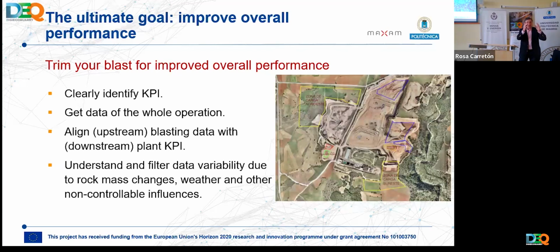and you, as a miner, as a quarry owner, you want to have an optimum operation. The optimal operation may be close to the blast, or maybe away downstream from the blast. In any case, identify your KPI, your key performance indicators.